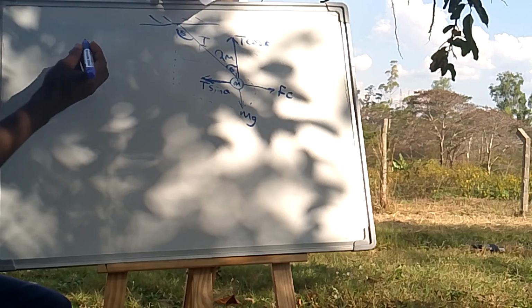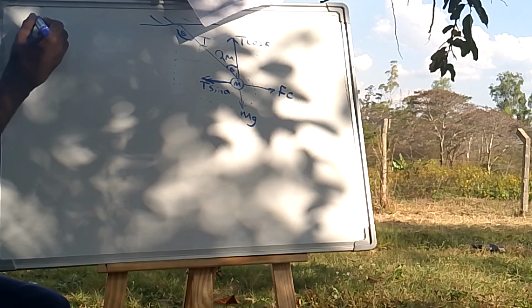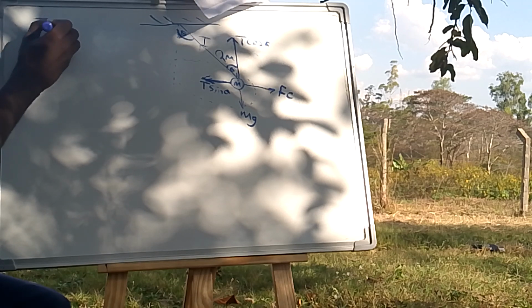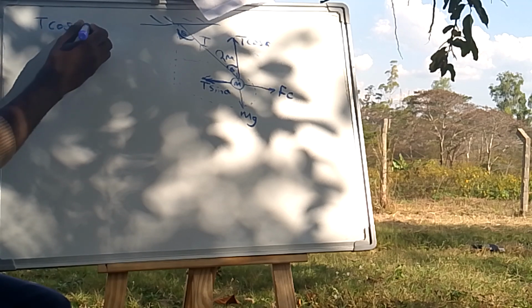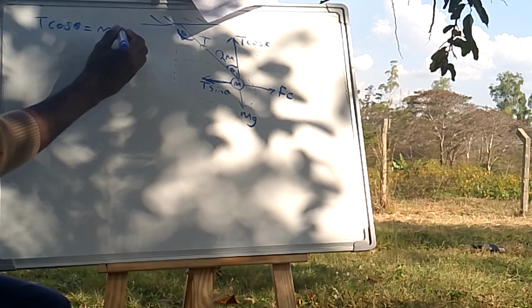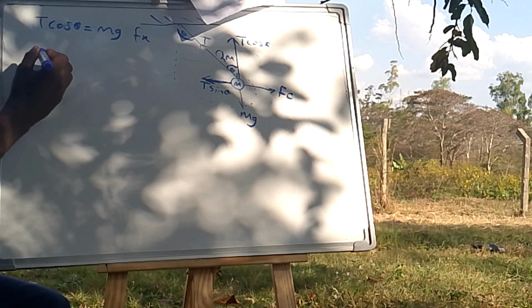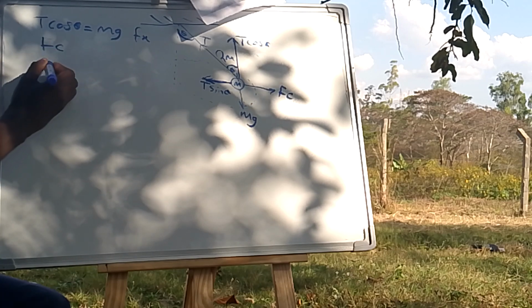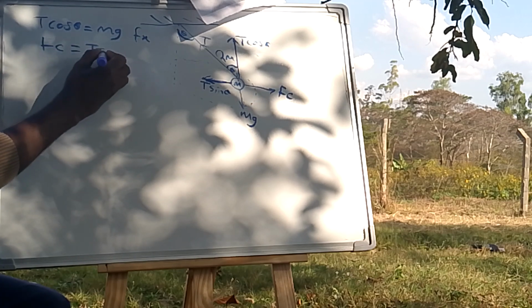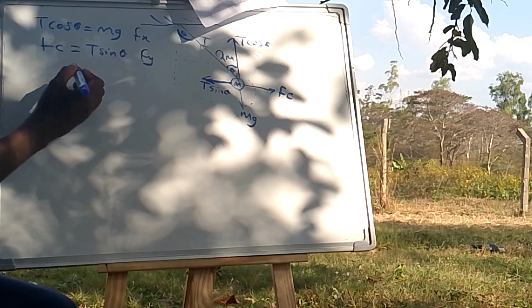So we are going to equate the forces in the y and the forces in the x. We have T cos theta equals mg. Then for the horizontal forces, the centripetal force equals T sin theta.